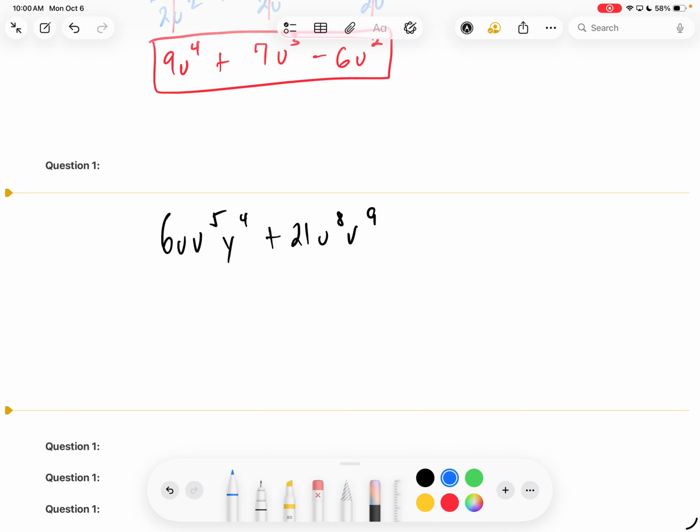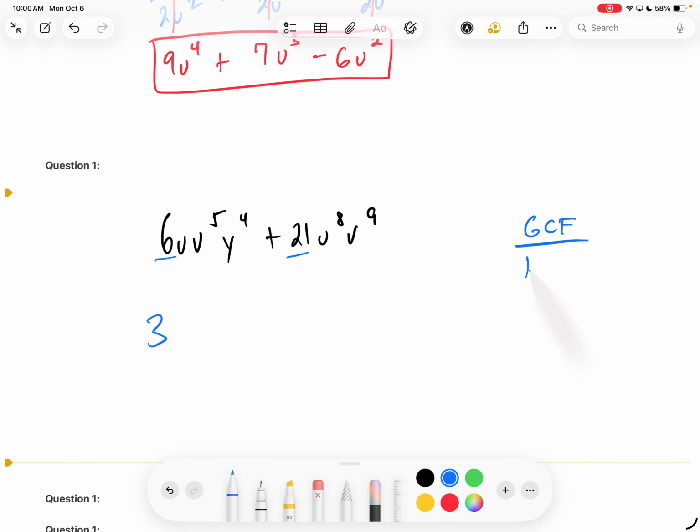So the greatest common factor of my numbers, 6 and 21, would be 3, right? With the exponents, for the greatest common factor, it's always the opposite: you take the smallest exponent. And the reason being is because if I have 5 V's on the left and 9 V's on the right, I can't take 9 V's out of here. So I can only take 5 total.